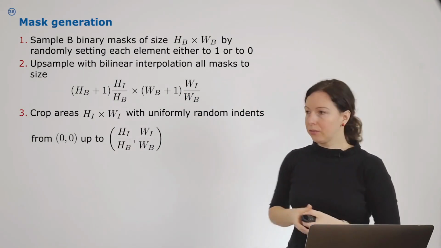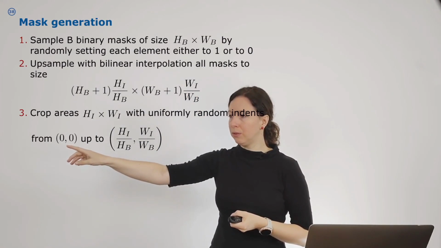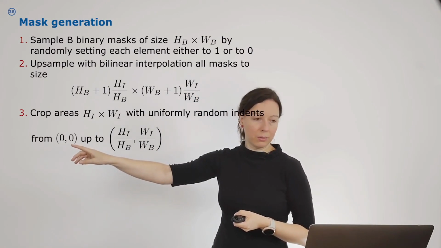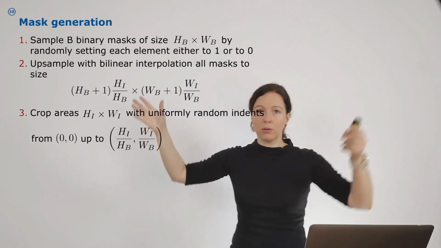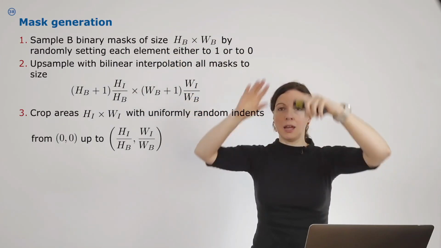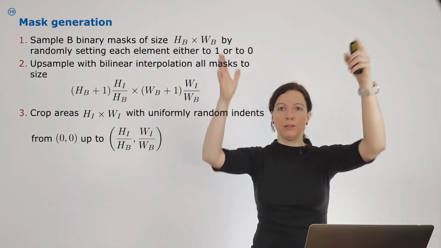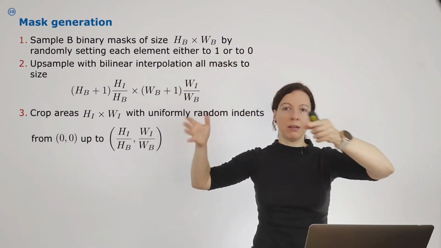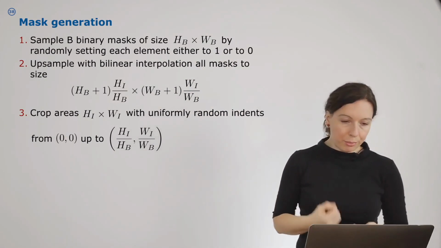So you can imagine it like, okay, you have your image and then you have a mask which is a little bit bigger, and you make a random cropping in it, and then you take this mask for your approach.